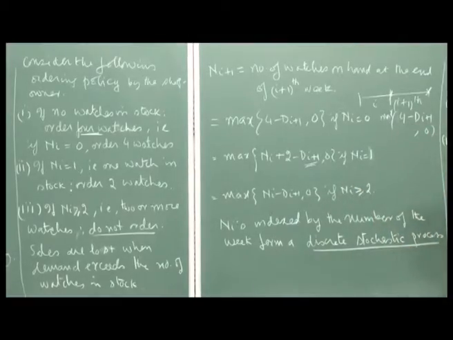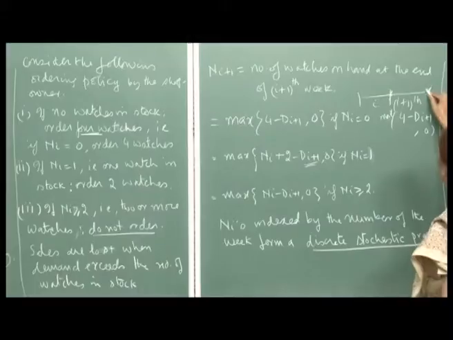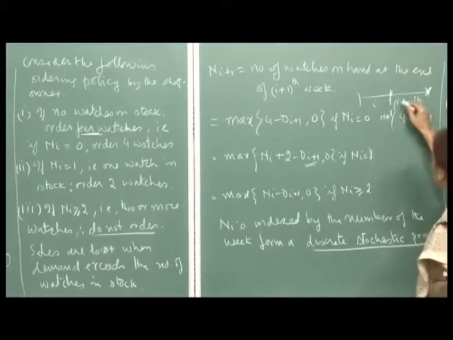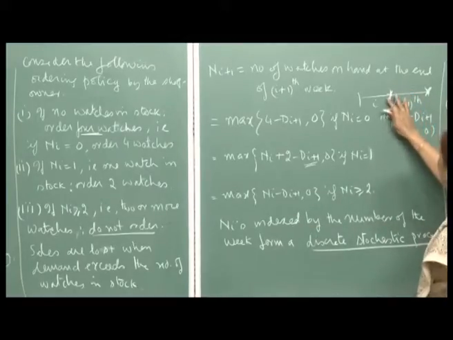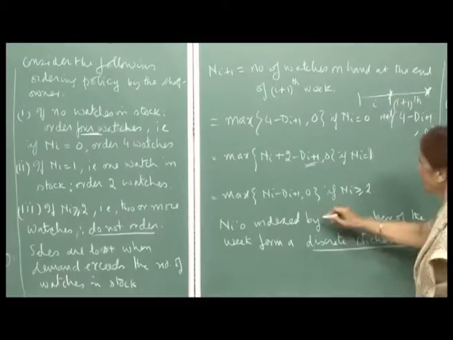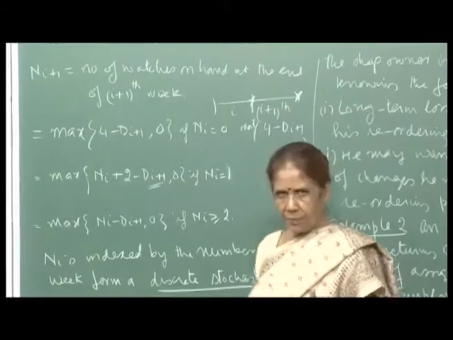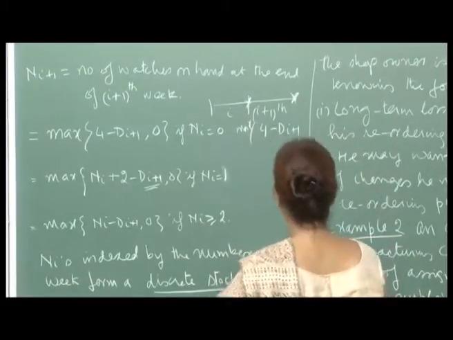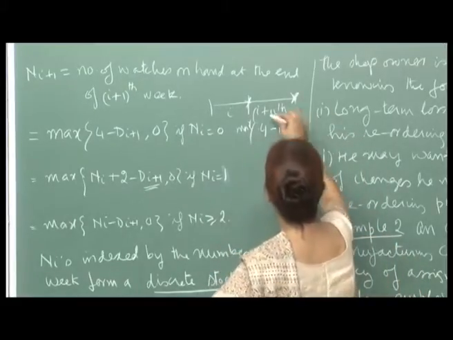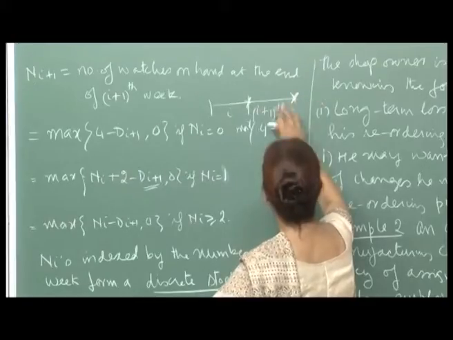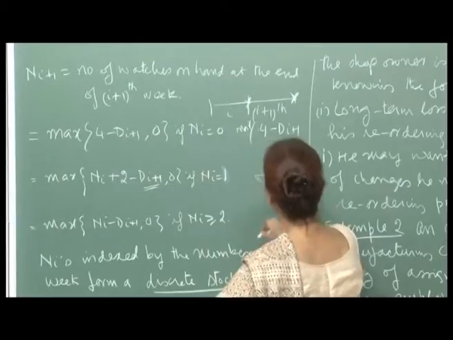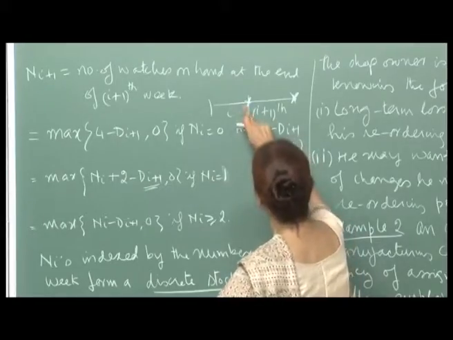So, this is how you can. So, you see the situation at the end of the I plus 1th week is dependent on your situation at the end of the ith week and the demand. So, here are 2 random phenomena on which the state of the system, if you want to call it, that means the state occupied by the system at the I plus 1th week is given to you by ni plus 1, right, and here this is the current state.